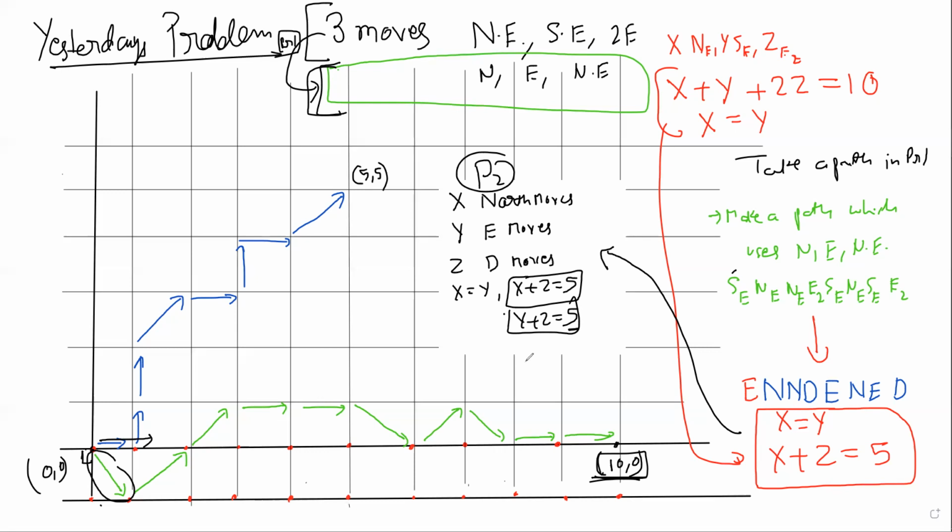So there is some freedom in this, in the sense that the x and the z are not known, and it cannot be known because you can use different numbers. That's why this problem is difficult. But in total you will reach 5,5. There is no problem with that because x plus z is 5, and every time you take an x, you're going 1 step north. Every time you take a z, you're also going 1 step north and 1 step east.